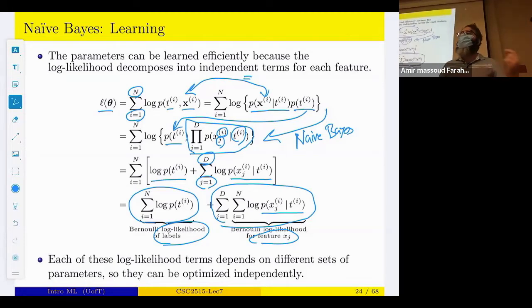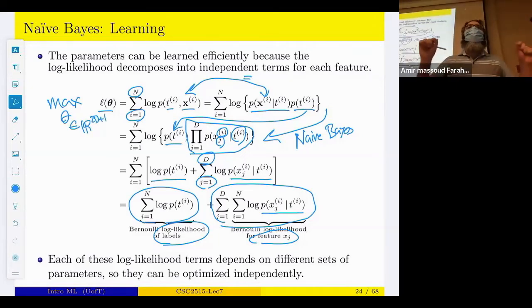Okay, now what we want to do is maximize this log likelihood. So we want to maximize over theta. And theta, remember, is a vector of size 2d plus 1. This is the parameter that represents our naive Bayes structure. When we maximize it, this means that we maximize all of these terms.